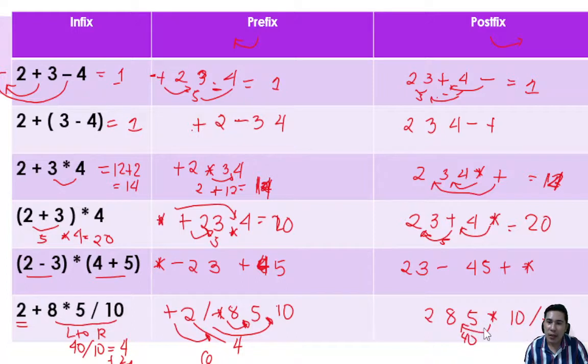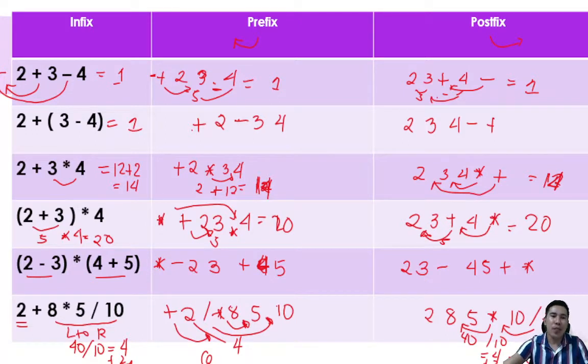And then the result of this one, 40. Next is operator division. 40 divided by 10 is actually 4. And then the result of this one, which is 4, and the next operator is plus. So meaning 2 plus 4, which is going to be 6. Okay, so that is how you convert infix, prefix, and postfix notation.